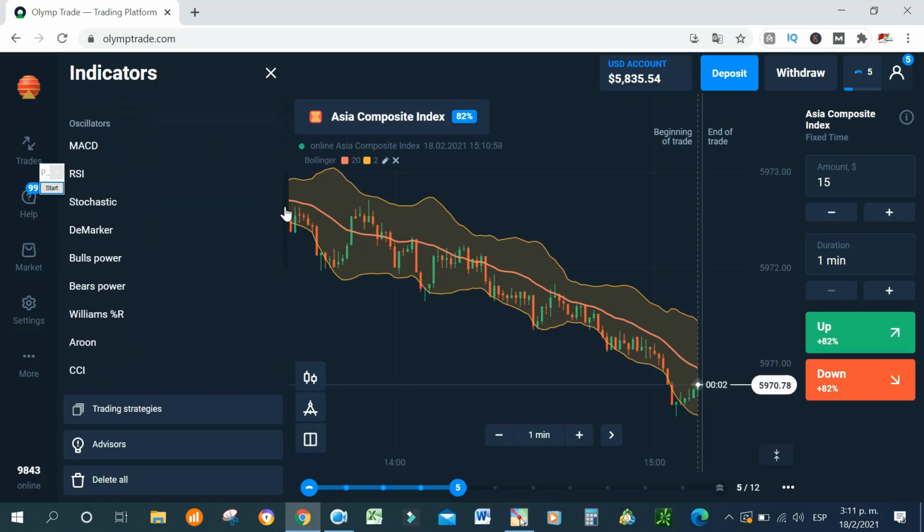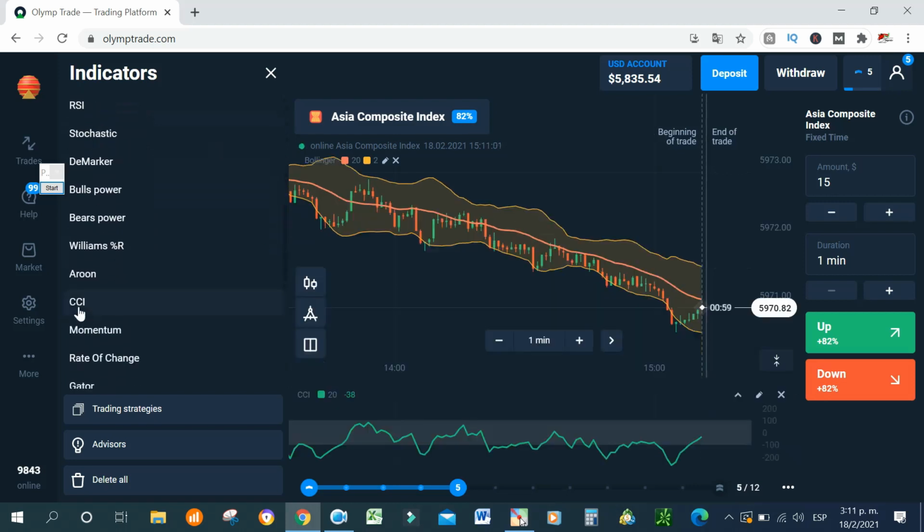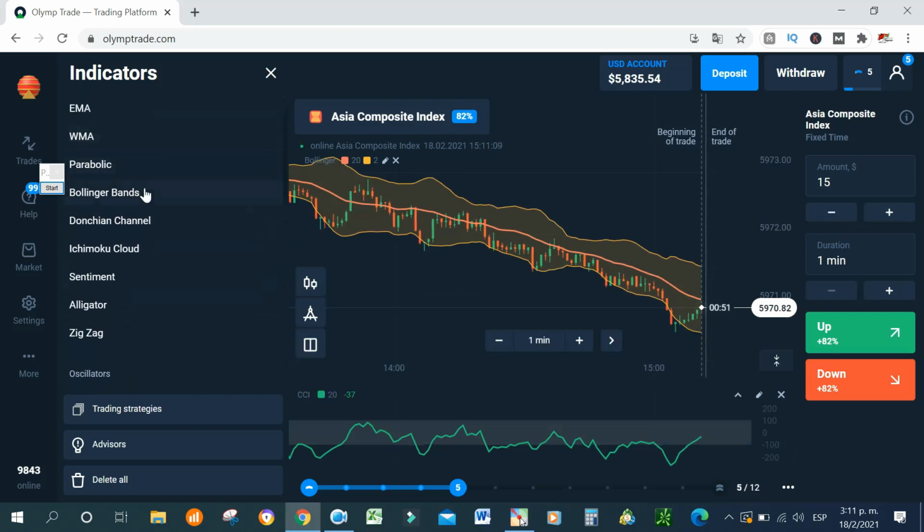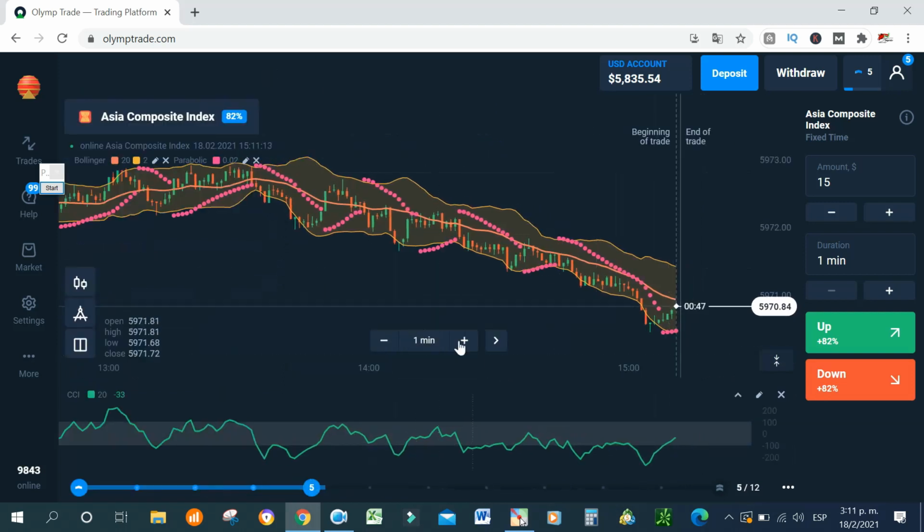scroll down and get the CCI indicator. So in addition to these indicators, we can use the parabolic indicator to confirm our entry too.